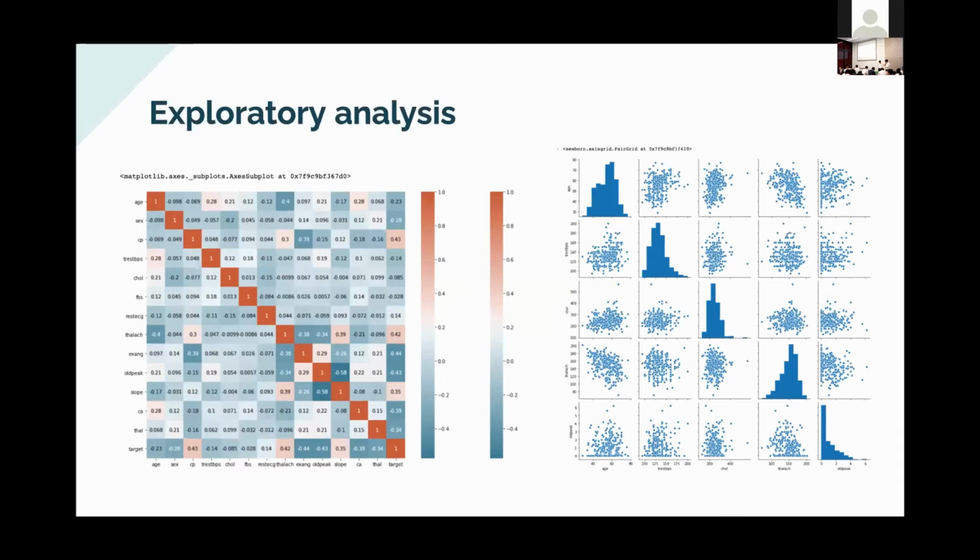CP is an ordinal feature with 4 values, which are typical angina, atypical angina, non-anginal pain, and asymptomatic. Moreover, there is a negative correlation between exercise-induced angina and our predictor.